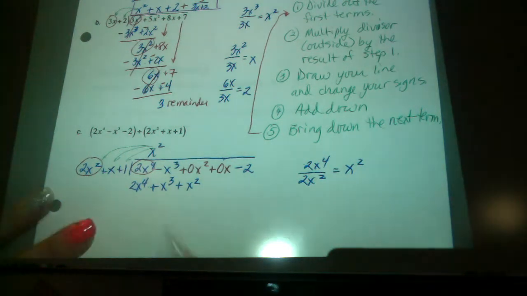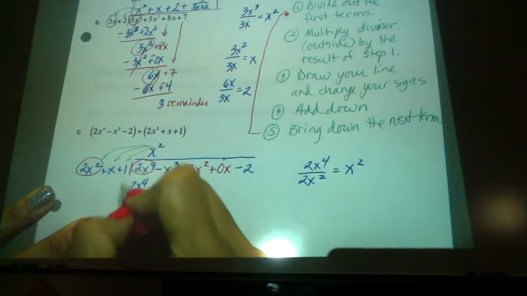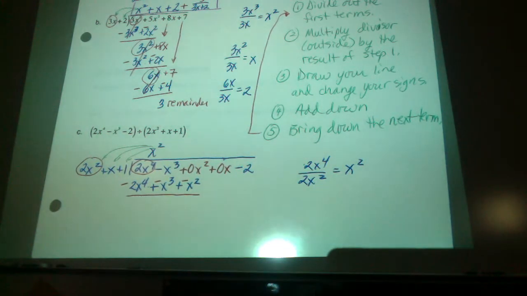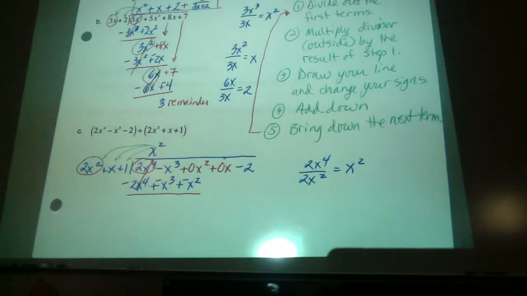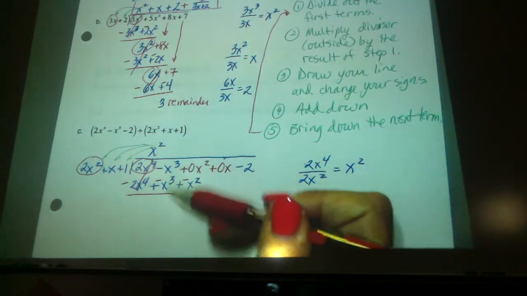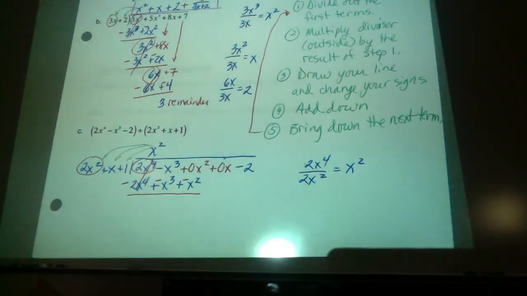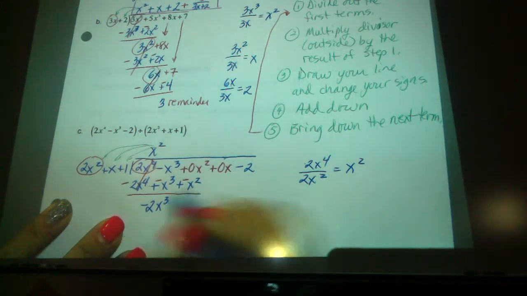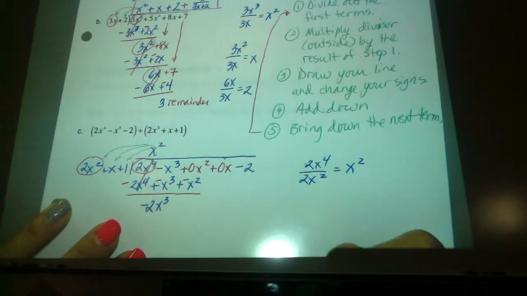So then don't forget, draw your line, change your signs, negative, negative, negative. All of them get their signs changed. You can't add down until you draw your line and change your signs. 100% of the time, those first terms should cancel out. These are not opposite signs. They don't cancel out. You have a negative 1 plus a negative 1 gives you a negative 2 x cubed. When you add like terms, the variable string does not change.